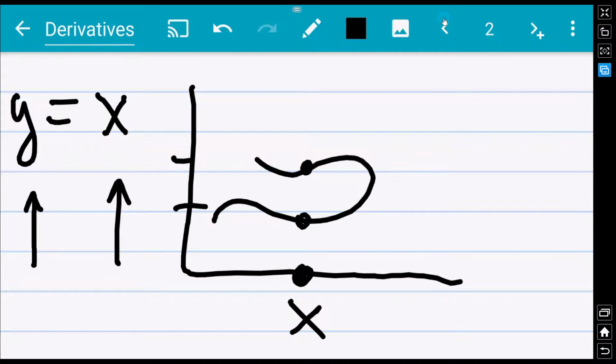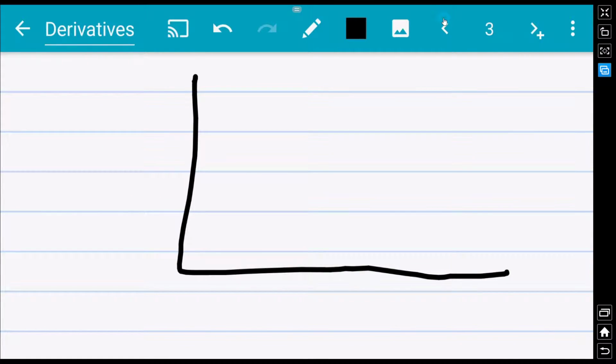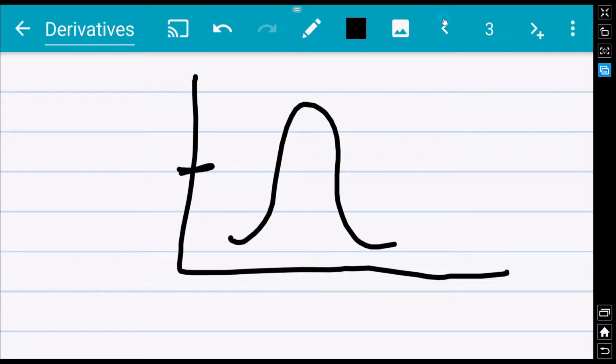So that means you can't have two values of y for one x. Now, the opposite can be true. If we have the same graph, but it does this, that is possible because a y value can have two x values.